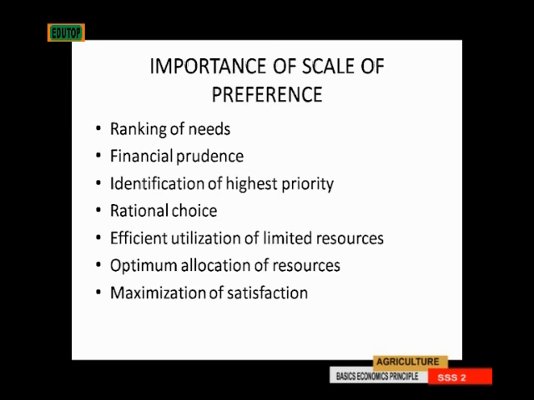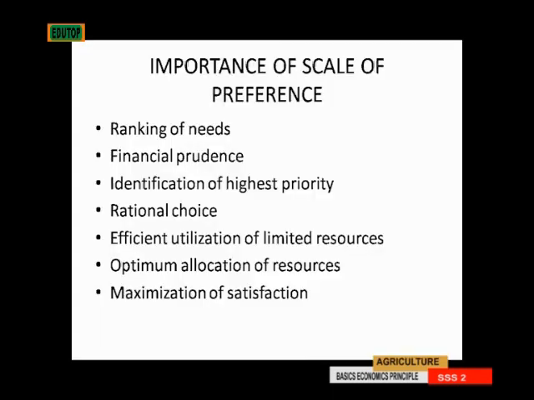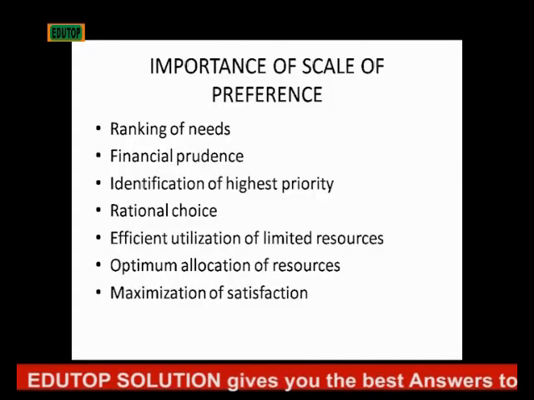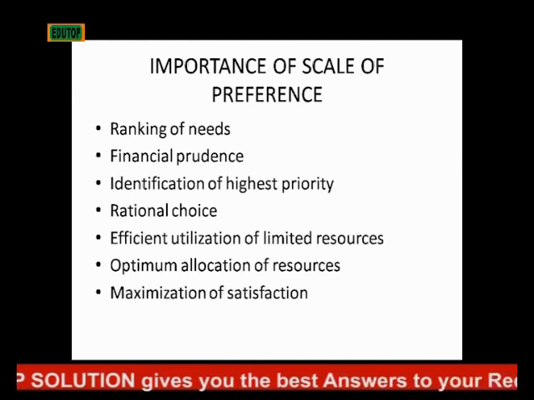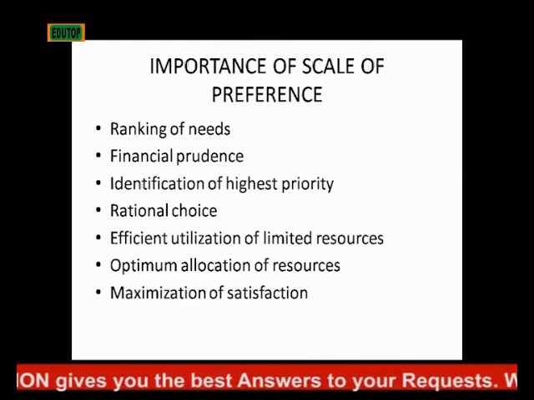Then it helps us to be efficient in utilizing our limited resources. So you plan well. When you make your scale of preference, you're able to say, okay, this money I used to buy this, this, this, and that. Then it helps us to do optimum allocation of our resources. Then we have maximization of satisfaction.